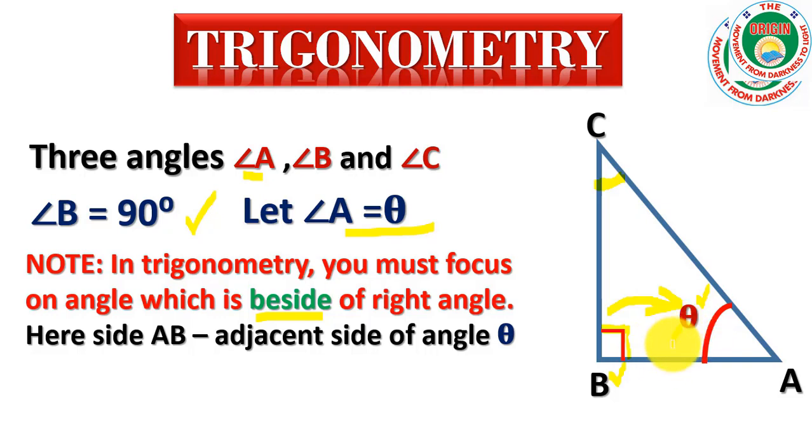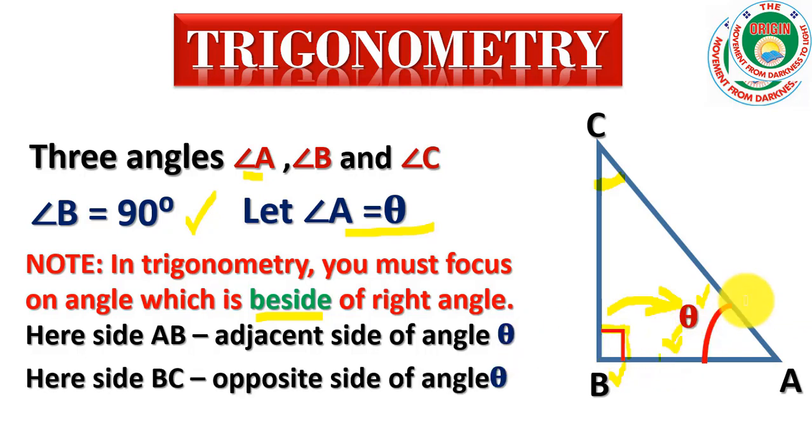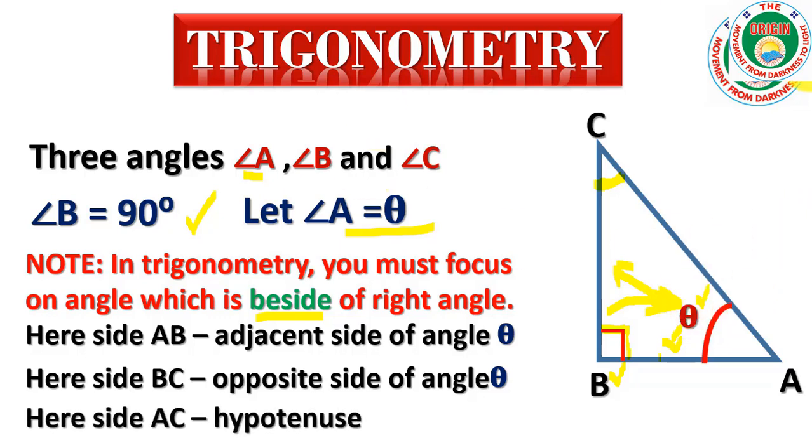According to theta, AB is the adjacent side, and according to theta, BC is the opposite side. And you know that AC is the longest side, the hypotenuse.